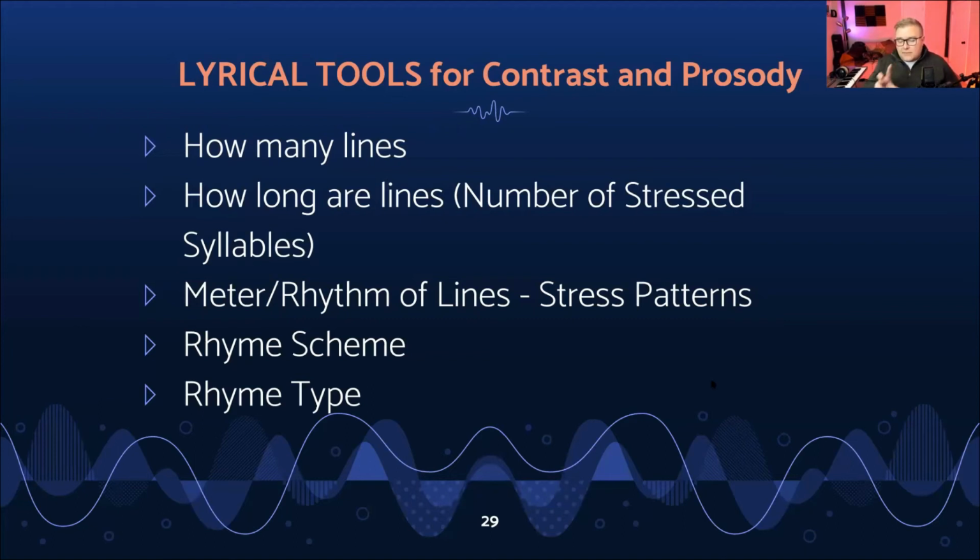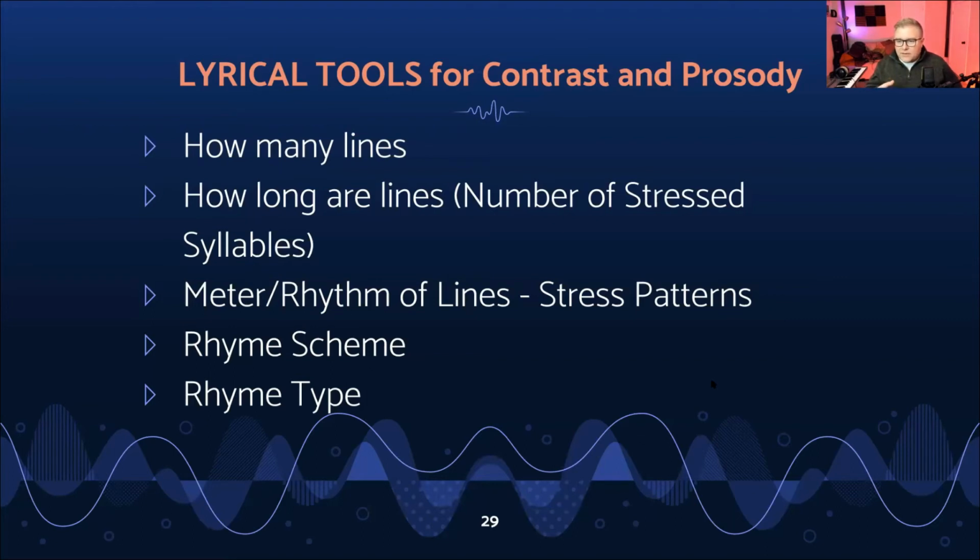One of the reasons there are 4 lines in a lot of verses is that usually one line of lyric equates to about 2 measures within the music, because there are only so many beats within each measure, and the beats correlate to the syllables.